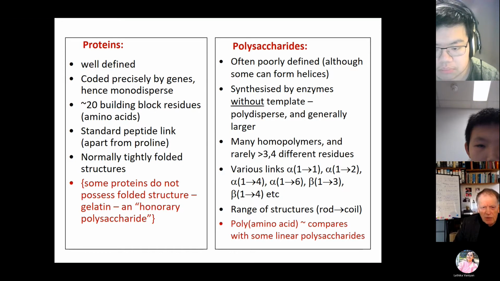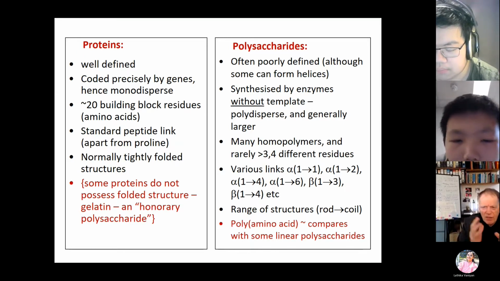Proteins are generally well defined. They are coded precisely by genes, hence are monodisperse. Whereas polysaccharides are often poorly defined, although some, as we've seen, can form helices, which give them some sense of rigidity rather than floppy behavior.